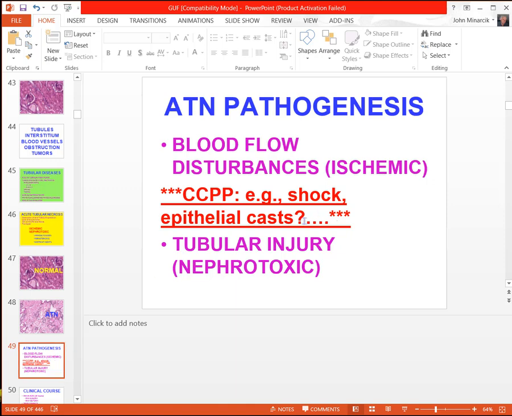Okay, I hope that's kind of a logical thing. But it's not going to start out that way. It's going to start out with the classical clinical patient presentation. A woman is seen to be in shock, and you do a urine analysis, and you see that there are epithelial casts, or maybe you have to know what they look like. And if you know what they look like, you know how to get that question right.